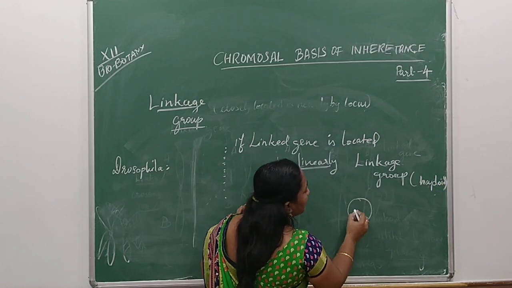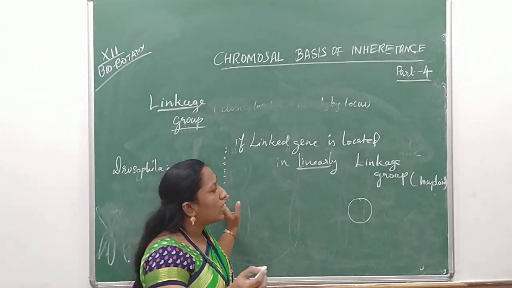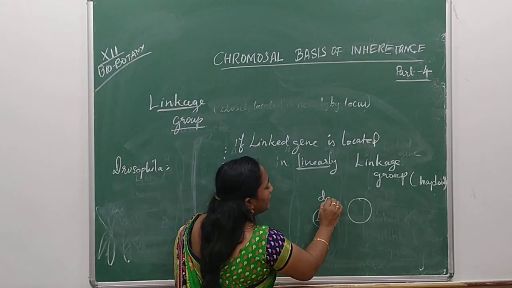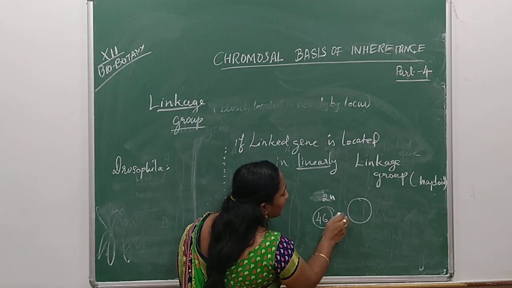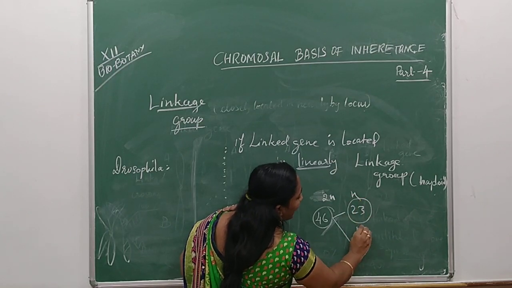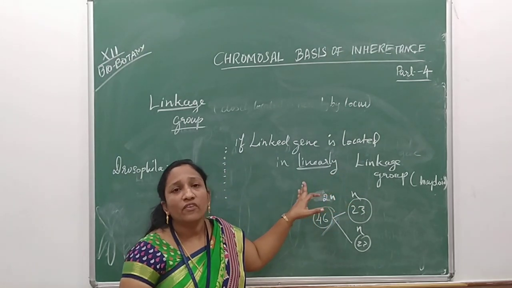If we have 46 chromosomes, that is diploid, the 2n condition. If we split it into single sets, 23, this is called haploid. So mostly the linkage group is expressed in the form of haploidy.